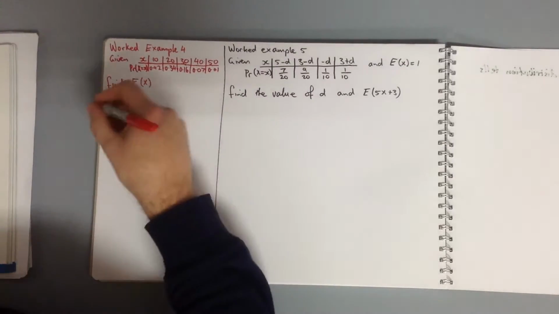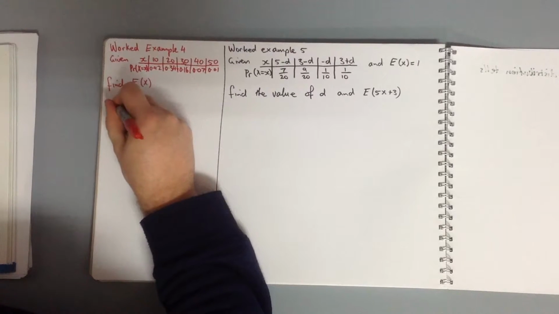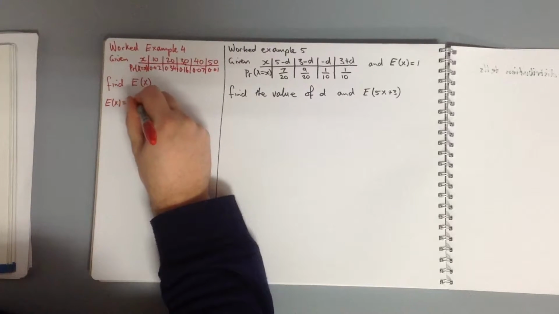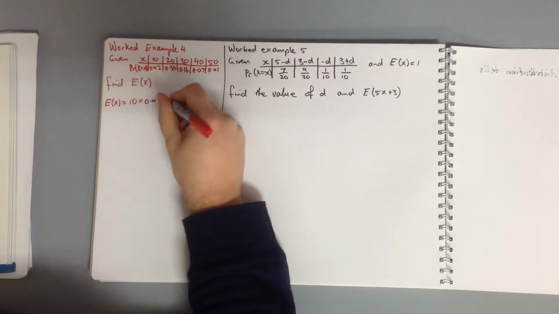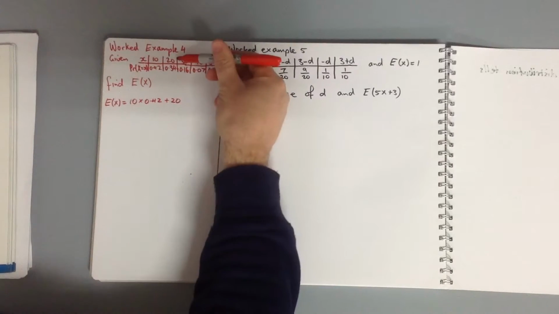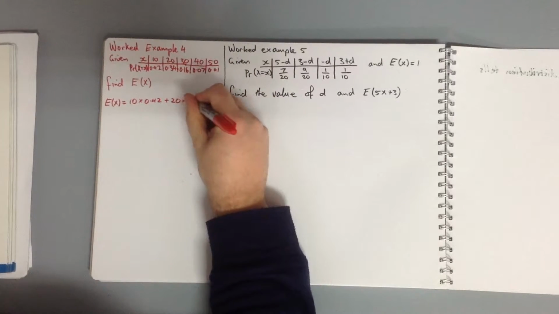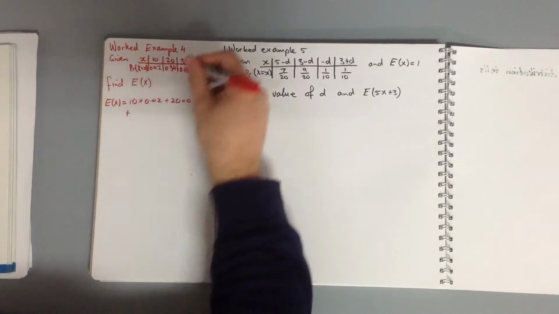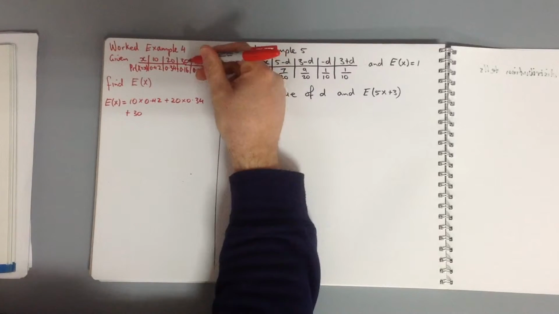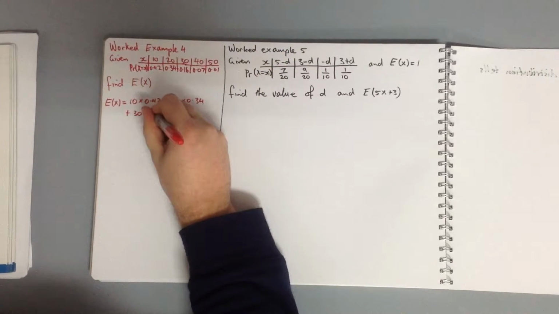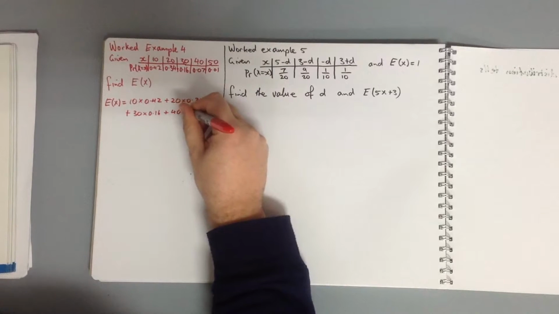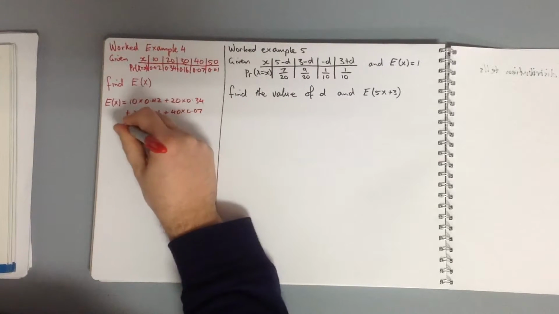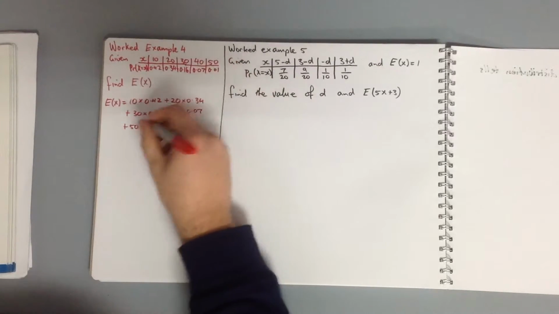All we do is go E of x equals 10 times 0.42, plus 20 times 0.34, plus 30 times 0.16, plus 40 times 0.07, plus 50 times 0.01.